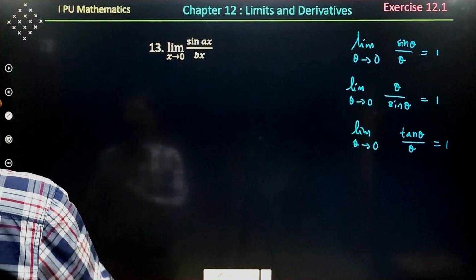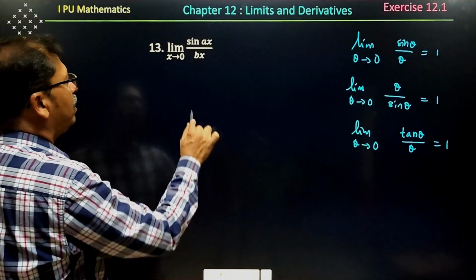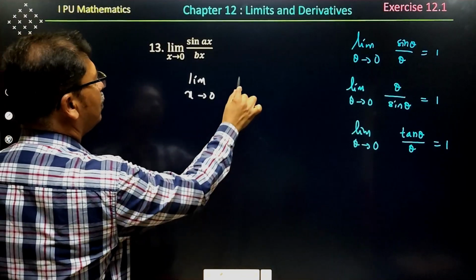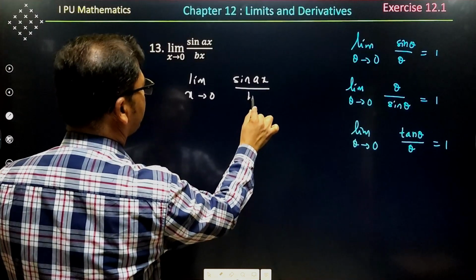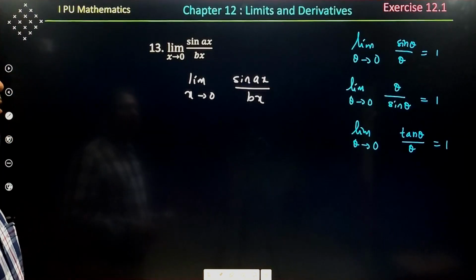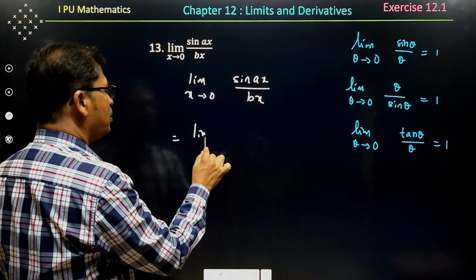Okay, let us solve the given problem here. In the given problem, limit x tends to 0, sin ax divided by bx. This is the given problem here. I would like to split the term in this manner. Limit x tends to 0.